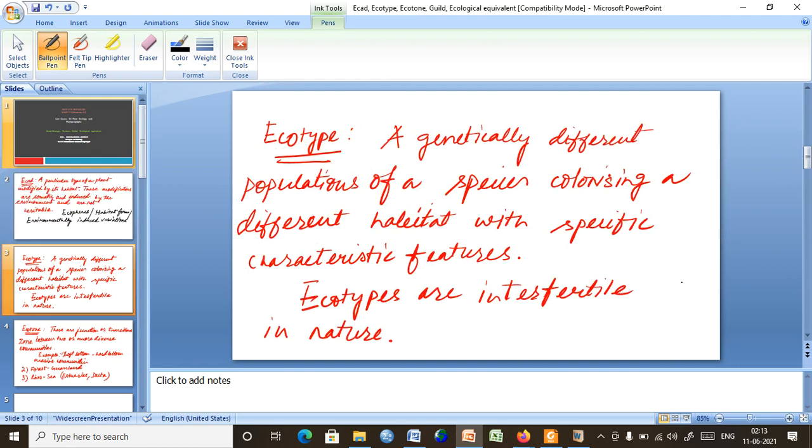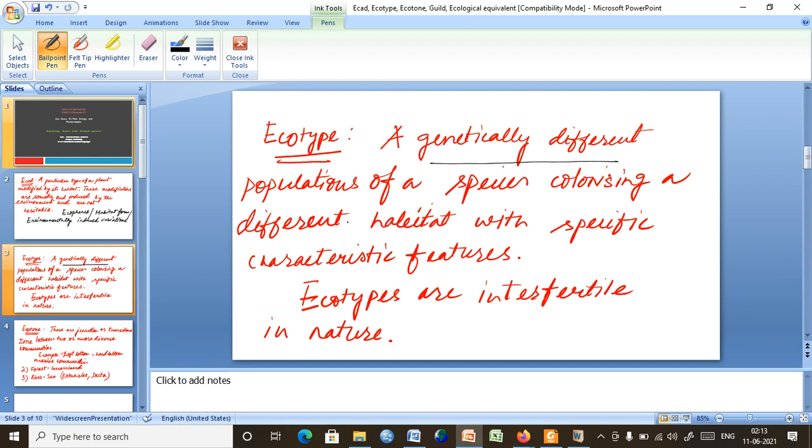So, a genetically different, the most important term, the genetically different population of a species colonizing a different habitat with specific characteristic feature. So, these features are genetically fixed, not somatic like the previous one.